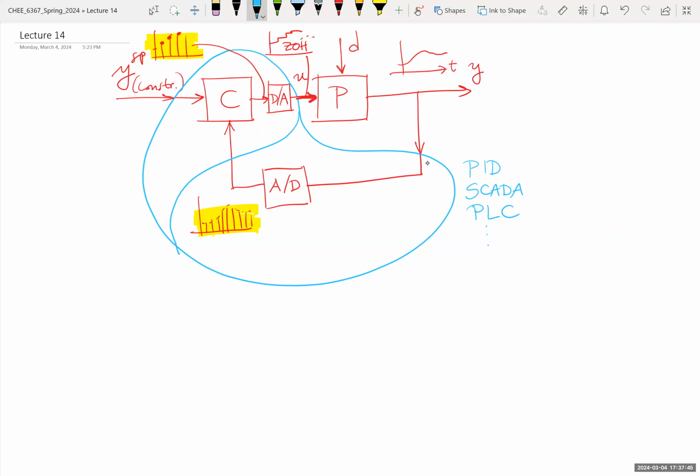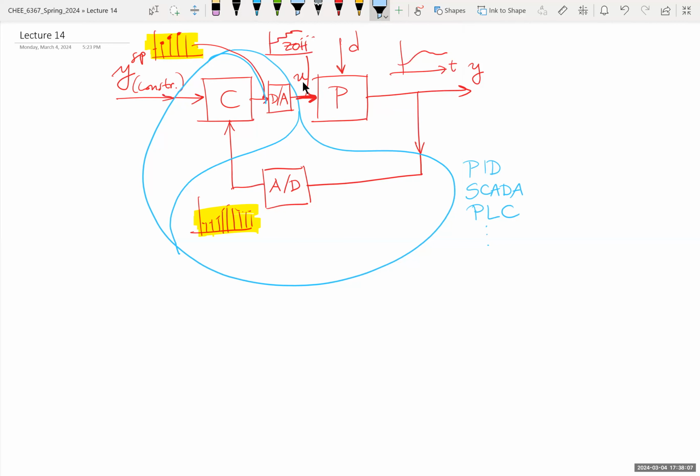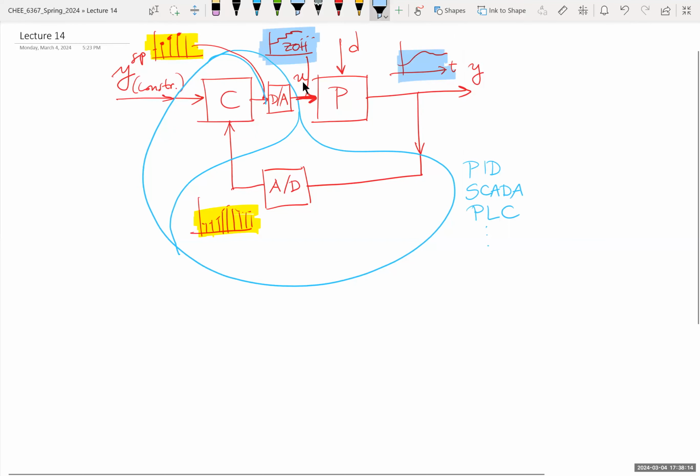The controller takes a digital signal, produces a digital signal, and maybe it sends a discrete time signal out, and there is a DA separate in the final control element. The process, on the other hand, is continuous time. So, sorry, yeah, it's like this. So that's what the process understands.